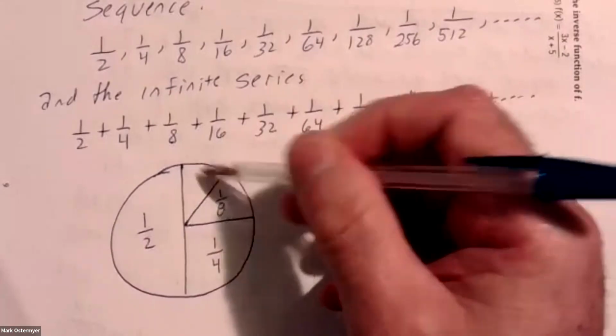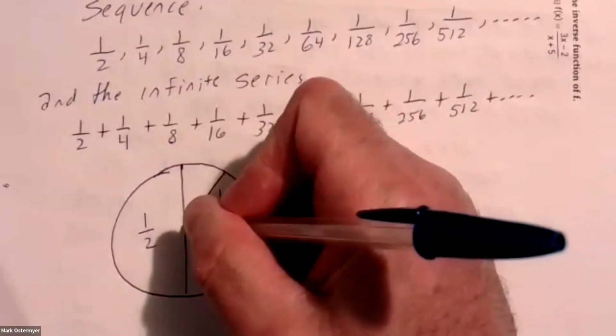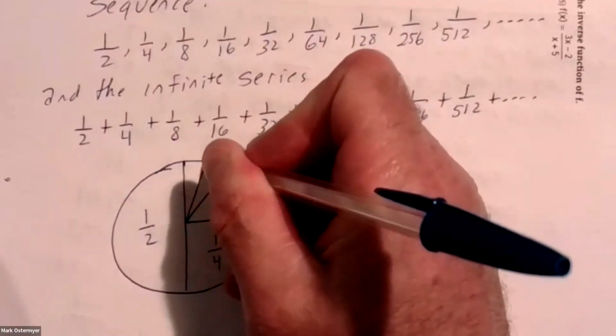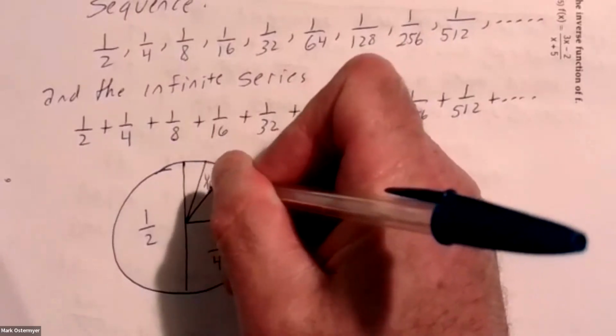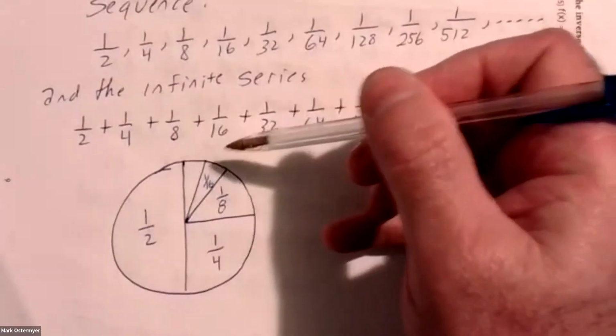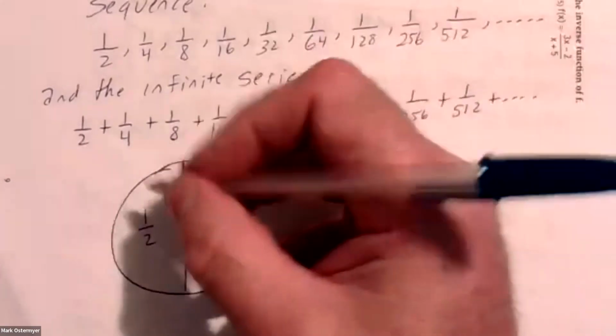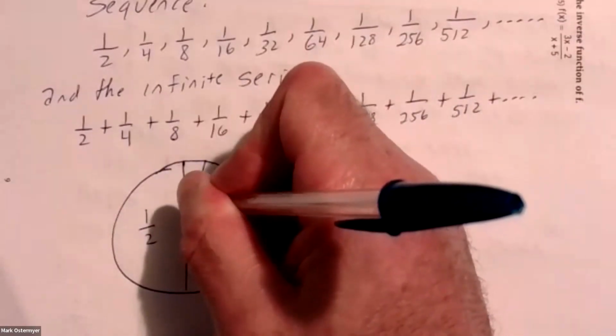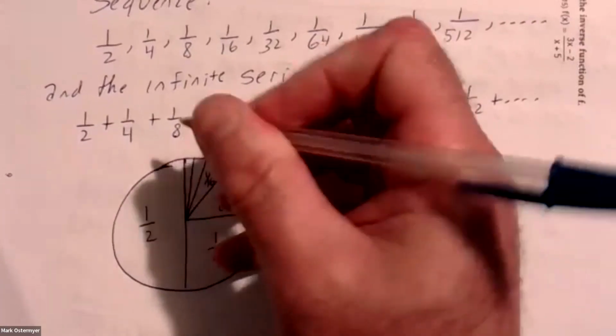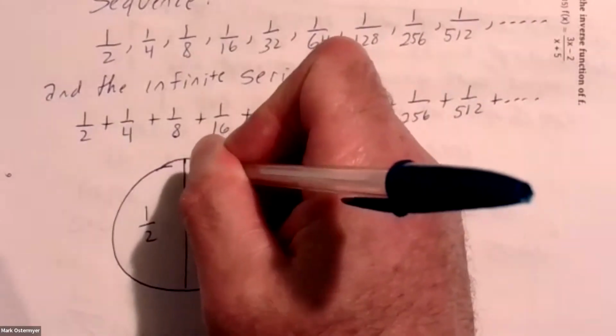I'm going to take one of these 1/8 and subdivide it further in half. So now I got 1/16 here and I got 1/16 here. Then I'm going to take one of these 1/16 and further subdivide it in half. And half of 1/16 is 1/32.